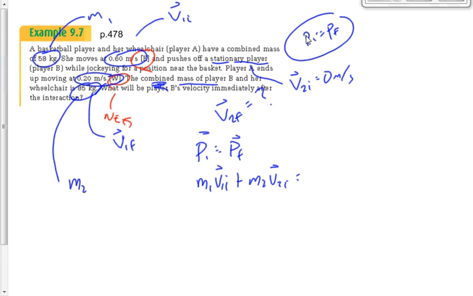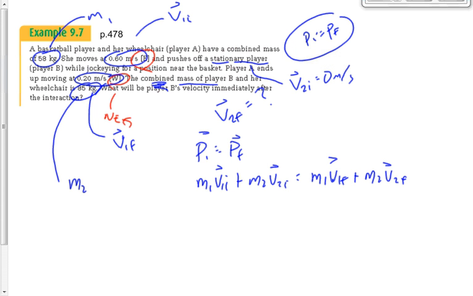We have 2, right? This time we have 2. In the problems we did for homework, we had 1 object afterwards in both cases. But here, they push off. They both go in different directions. So we're going to say we have 2 objects, M1 V1F plus M2 V2F. Now we've got a term for each of those objects, right?